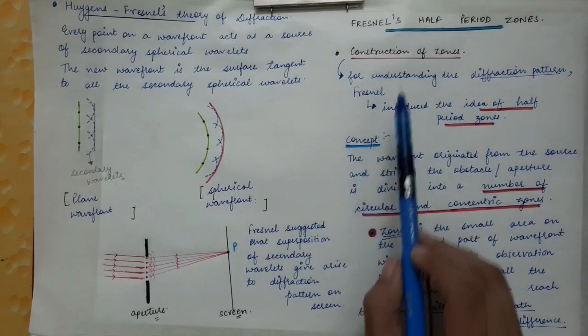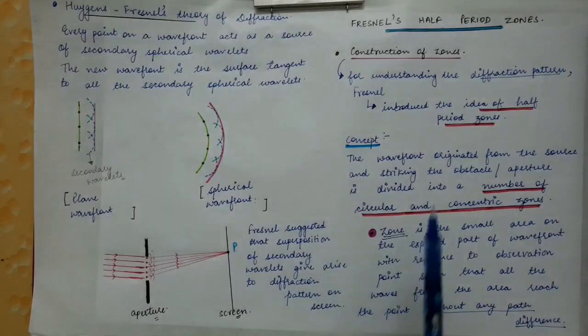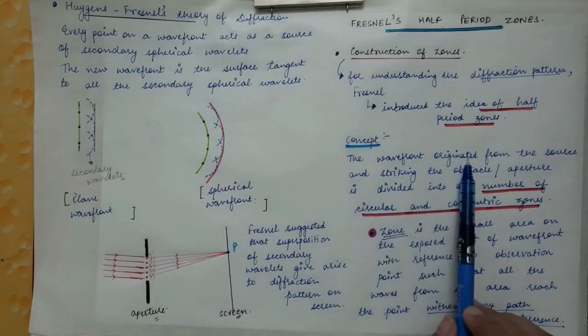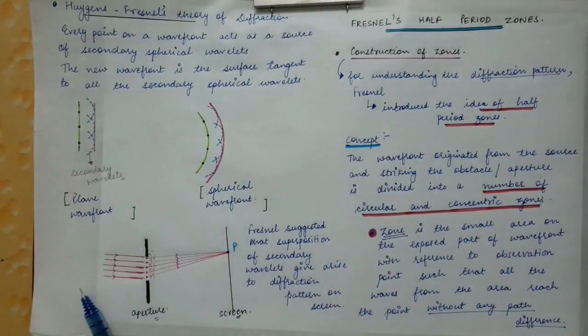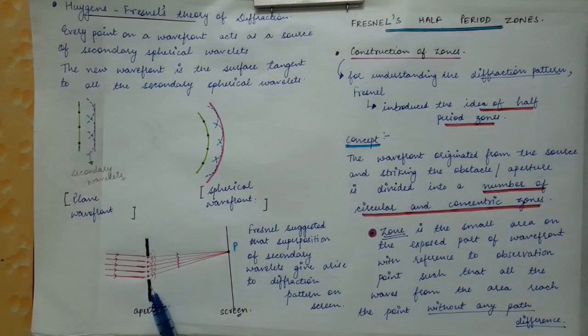Now what is the concept of these half period zones? The wavefront which is originating from the source. So we generally have a source, and we have a slit or an obstacle, and we have the screen.